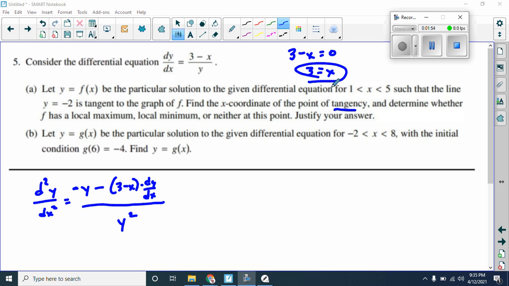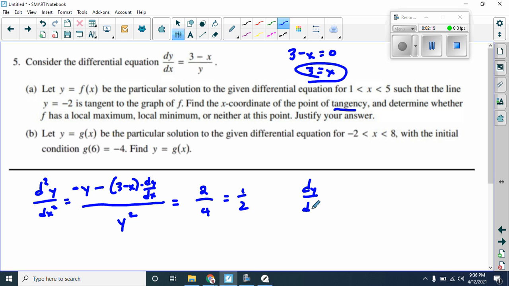We know the x value, we just found it to be 3. And we also know that the slope, dy dx, at that point was 0. So if I plug those things in, slope is 0, makes all this 0. So I just get -2, -2, +2 over -2 squared.